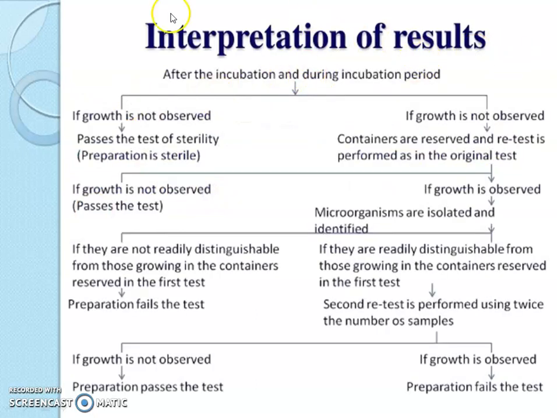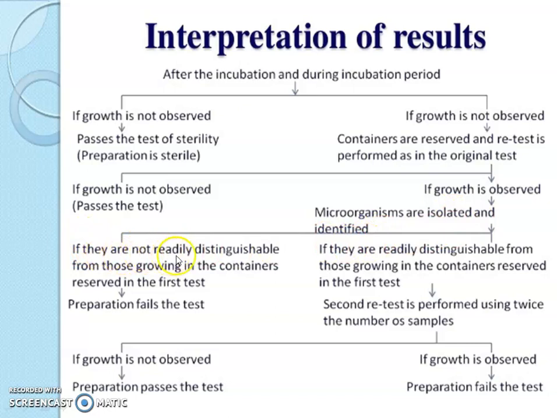Interpretation of the result of sterility testing: after the inoculation and during the incubation period, if growth is not observed, then it passes the test of sterility and the preparation is sterile. If growth is observed, then the containers are reserved and a retest is performed as in the original test. Again, if growth is not observed, then it passes the test, and if growth is observed, then the microorganisms are isolated and identified.